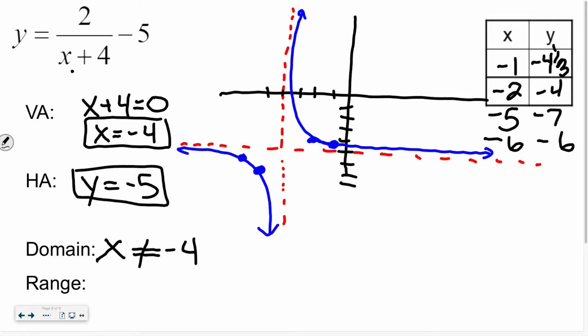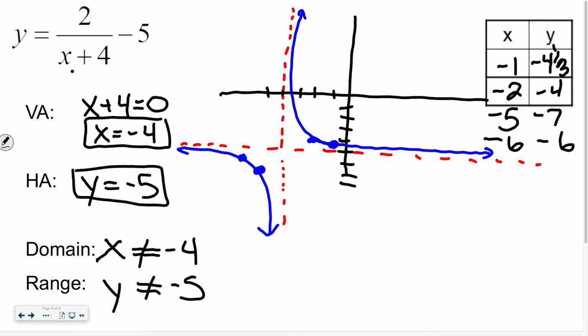It could be anything except -4. Doesn't matter. And what would we say for range? Y is not equal to -5. It can be anything but -5. So notice, when you're doing your homework, the vertical asymptote should be the same number in your domain, and the horizontal asymptote should be the same number in your range.